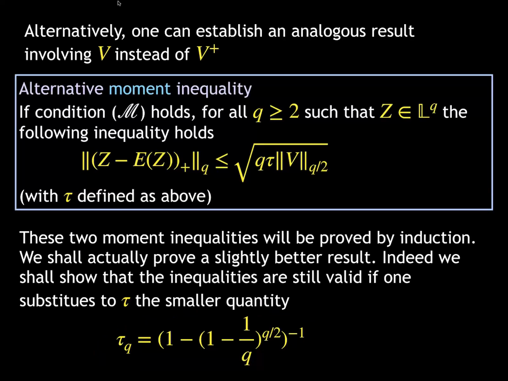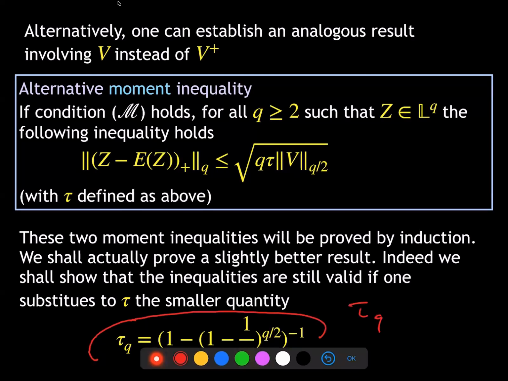And this sequence here is non-decreasing. So this means that, of course, it goes to tau when q goes to infinity. And if you have the same result as the result above with tau q instead of tau, of course, it implies the other result, which is slightly weaker.